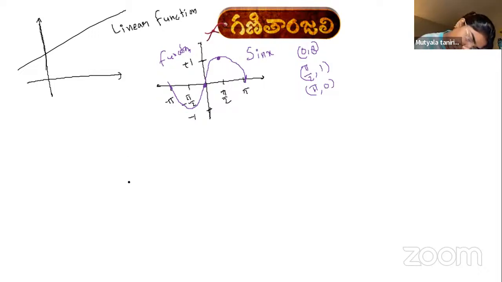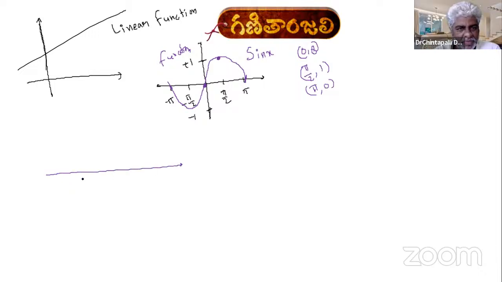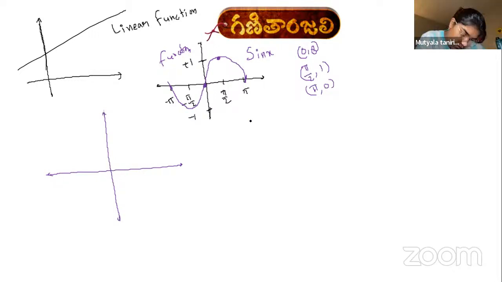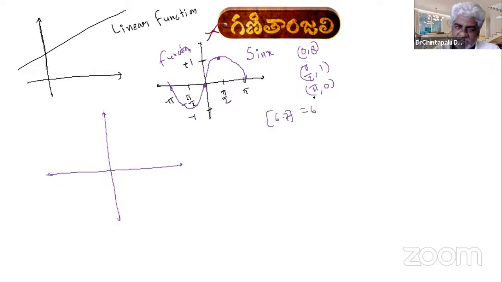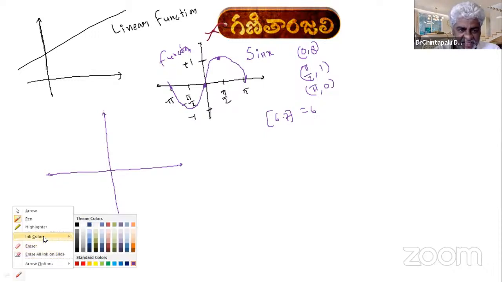You see, we discussed previously one special kind of function, that is the step function. Do you remember the step function? Step of 6.7, that is 6 only. This is a function, and that function is called the step function. You know the reason now why it is called a step function.